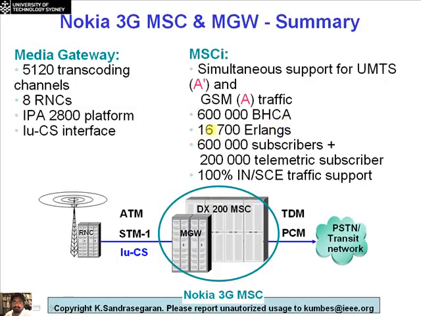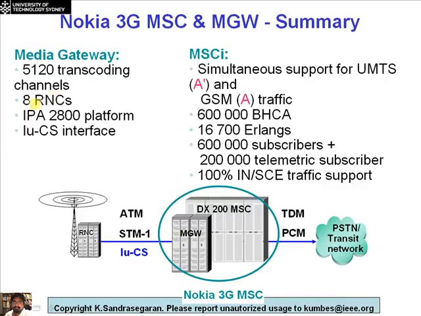It can handle 16,700 Erlangs. At maximum, it can handle 600,000 subscribers, plus 200 for telemetric services and so forth. So these are some typical specifications that you might have for an MSC, and these are some typical specifications you might have for the media gateway.